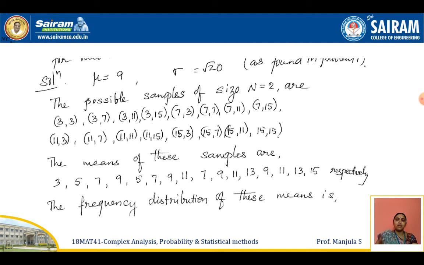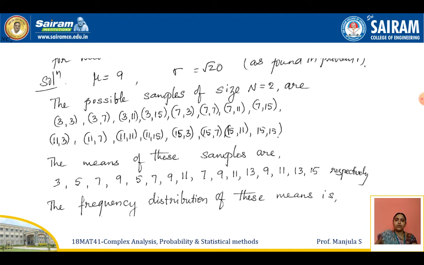With replacement, we first find the samples: 3,3; 3,7; 3,11; 3,15; 7,3; 7,7; 7,11; 7,15; 11,3; 11,7; 11,11; 11,15; 15,3; 15,7; 15,11; 15,15. Next we find the means of these samples.